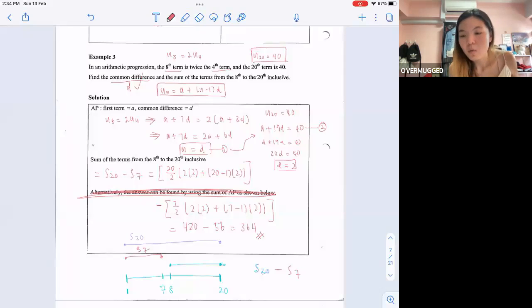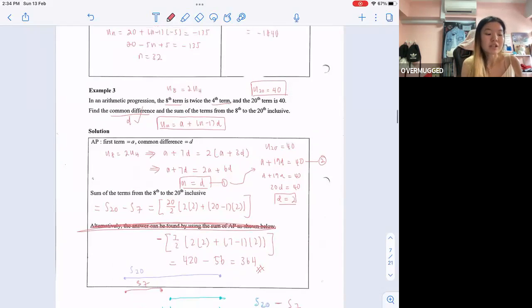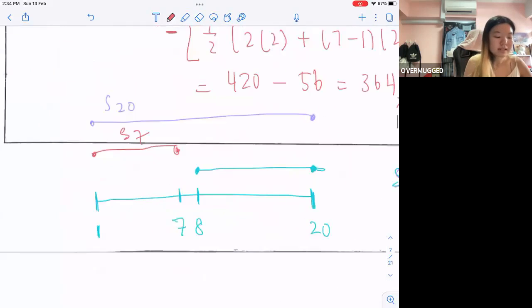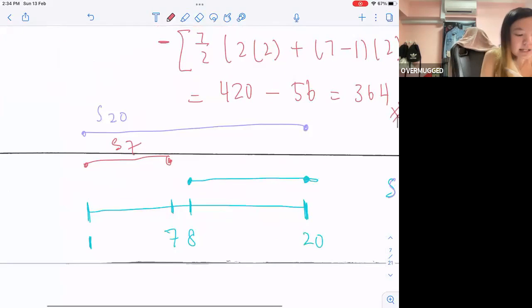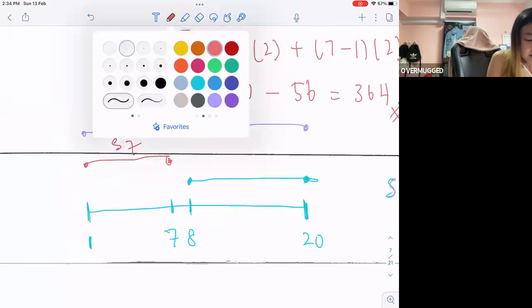Someone is asking me, why is it S20 minus S7 instead of S20 minus S8? Let's read the question again. I want the sum of the terms from the 8th to the 20th inclusive. That means I want my 8th term in the sum. What is S8?